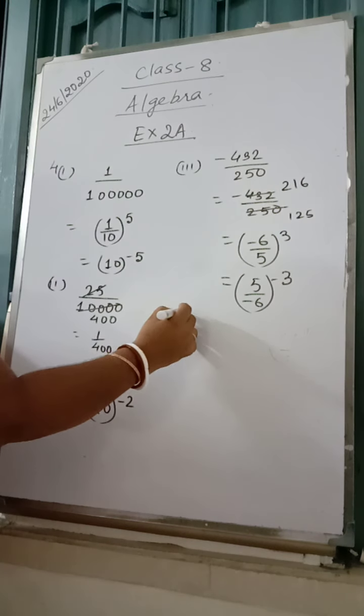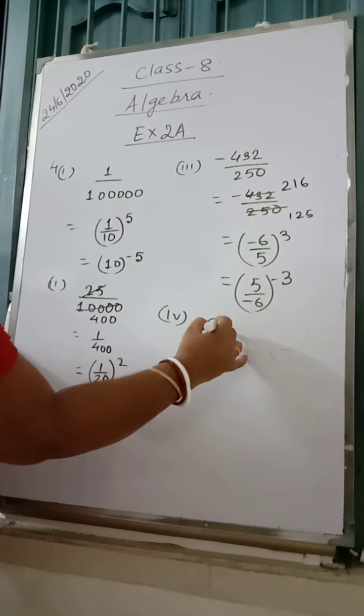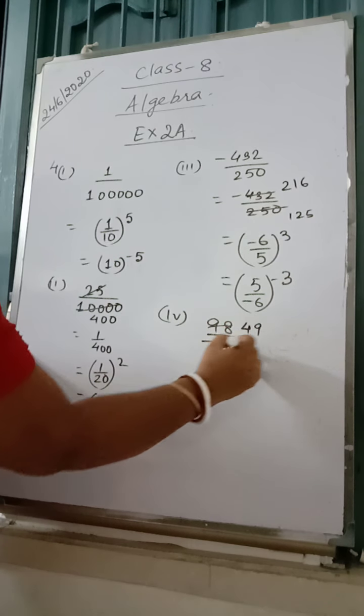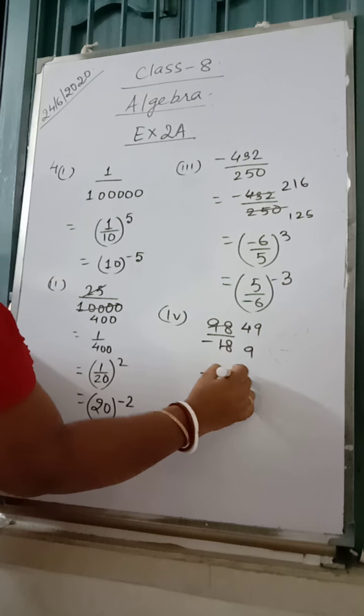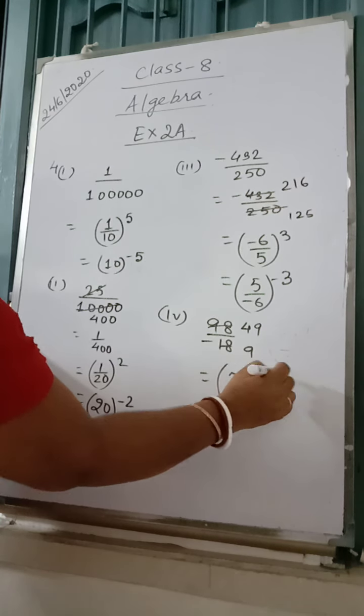Now similarly, next 98 by minus 18. 2 49s are 98, 2 9s are 18. So this could be written as 7 by minus 3 whole square.